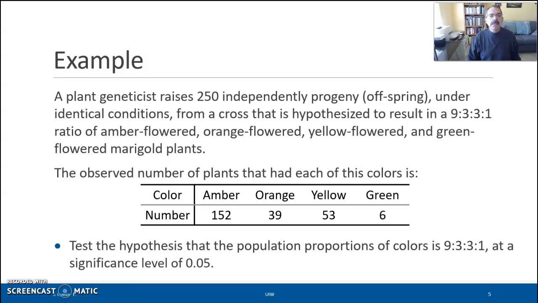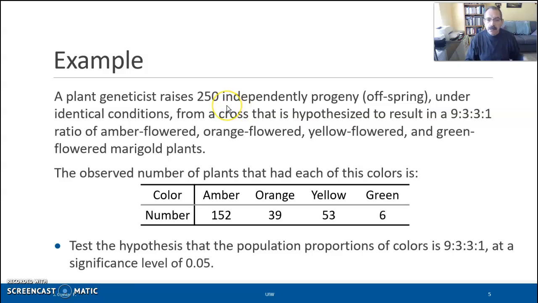A plant geneticist raises 250 independent progeny, and that means offspring of a plant itself, under identical conditions from a cross that is hypothesized to result in a ratio of 9:3:3:1 of amber-flowered, orange-flowered, yellow-flowered, and green-flowered marigold plants.